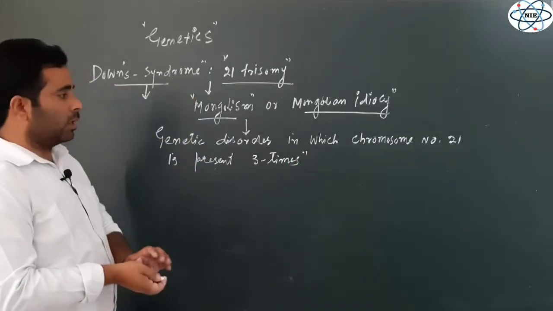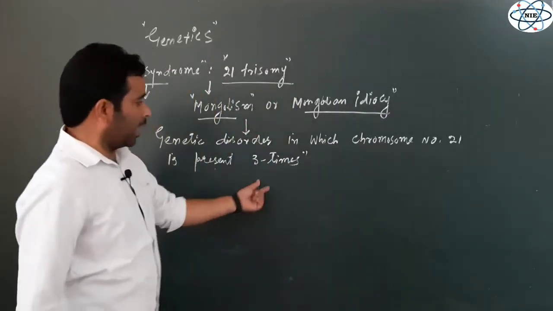The chromosome number 21 occurs 3 times instead of 2 times.